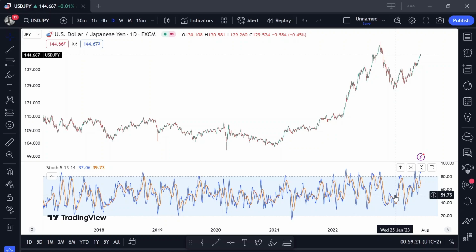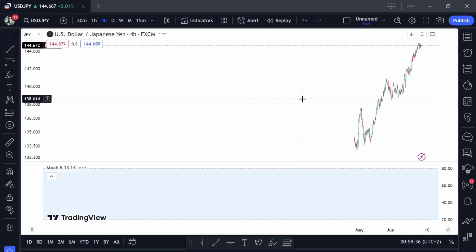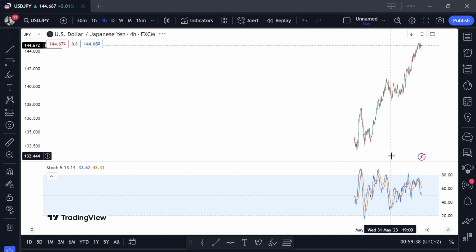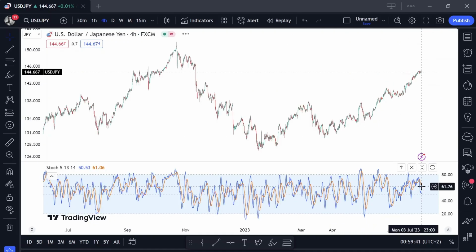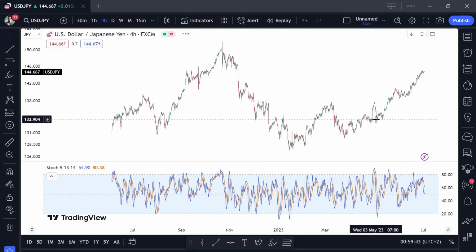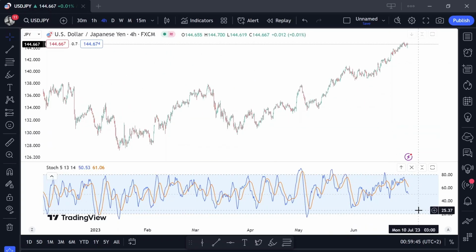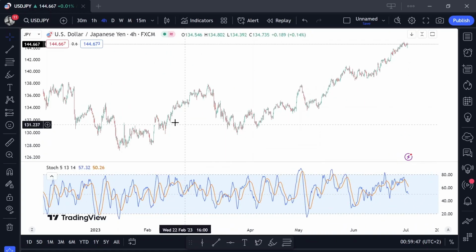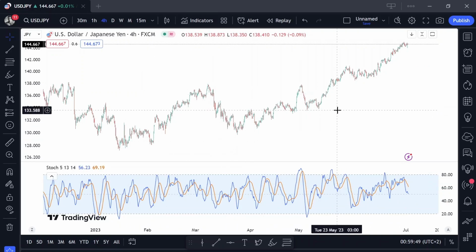Then after you do this, right now we are not yet drawing trend lines. We just want to look at the stochastic, and we also want to look at the market structure. And if you come here to H4, you can see that our stochastic is at level 80, and you can see that the market structure is bullish.